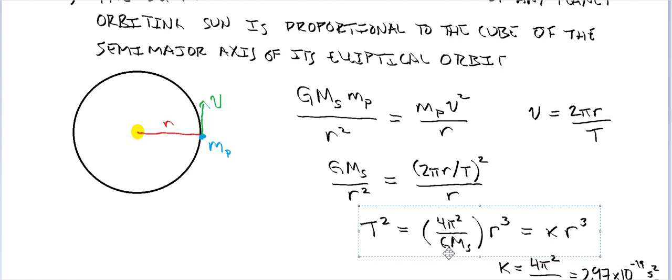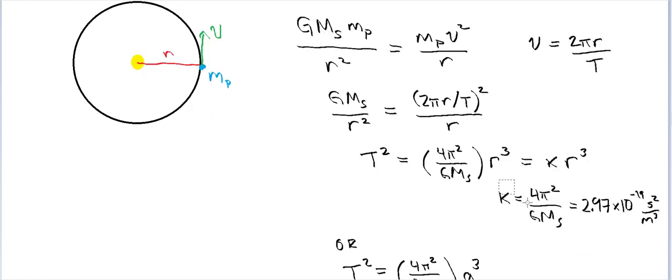But note that 4 pi squared over G M sun is all constant, right? And so I could replace this with just some constant. In fact, we often do. This Kepler constant is 4 pi squared over G M sun, and it's equivalent to about 2.97 times 10 to the minus 19 seconds squared over meters cubed.